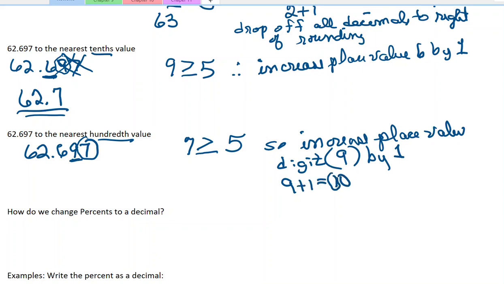So this means I have a carryover. So I'm going to add 1 here, and I get 0, and I add here 7.62. So my answer is 62 and 70 hundredths. You have to place a 0 because that's the decimal you rounded to.